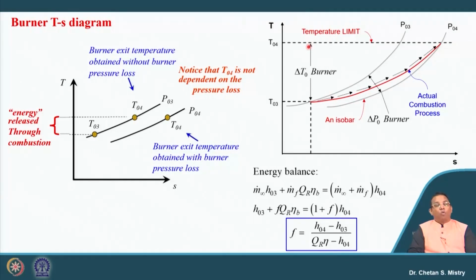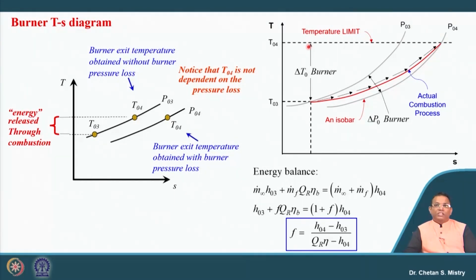But we have a limitation. This limitation is the temperature that is entering my turbine. Because my turbine blades have limitations in terms of metallurgy, they may melt when subjected to very high temperature, and that is the reason very high temperature is not preferred. Okay. So, this is what puts the limit.